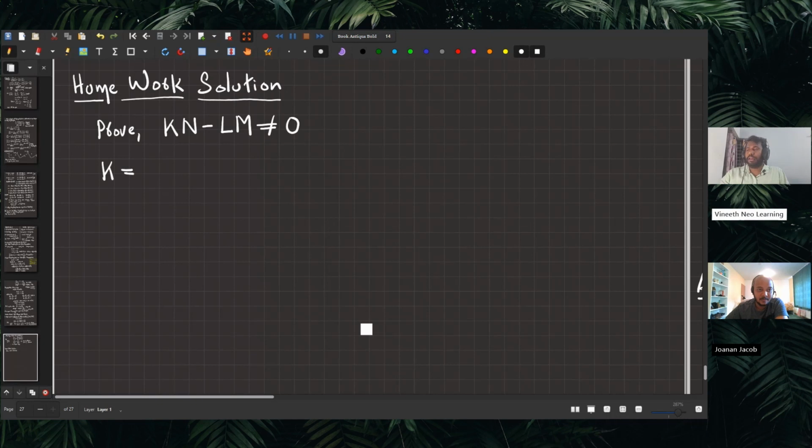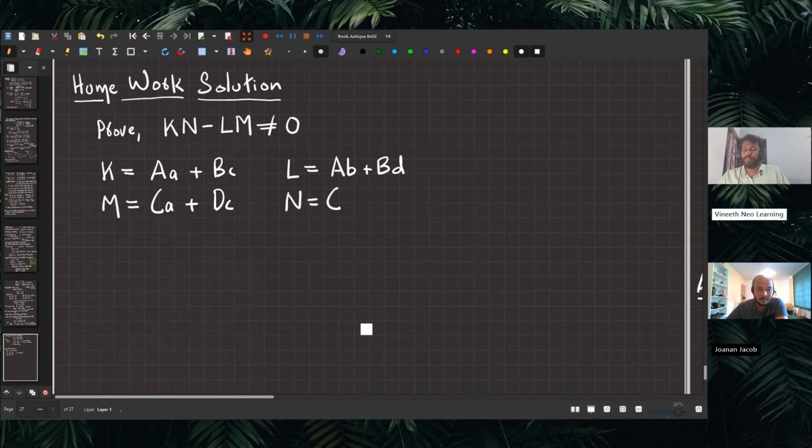What is k? I have written in my notebook: k is a times small a plus b times small c, and l equals a times small b plus b times small d, and m is c times small a plus d times small c, and n is c times small b plus d times small d.